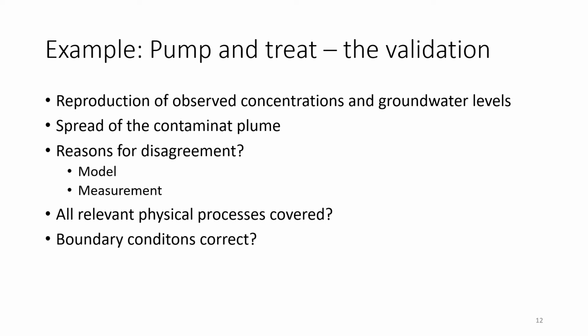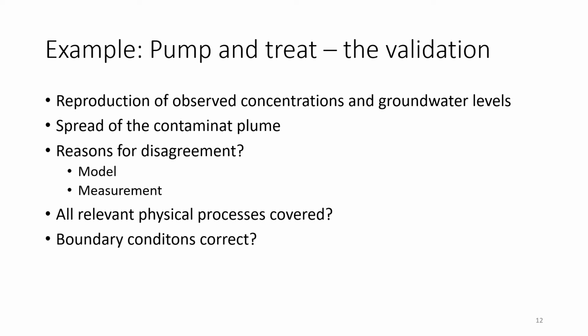Because the whole issue came up, they probably observed some high concentrations of the contaminant in their water samples. So you can compare the measured concentrations in the wells or in the observation points with the calculated contamination. You can maybe compare the spatial spread of the contaminant, which wells are affected, which are not.